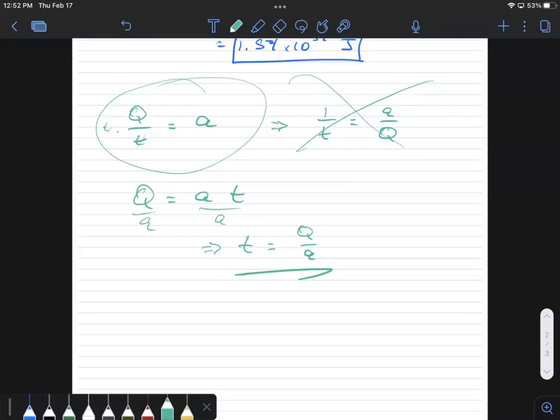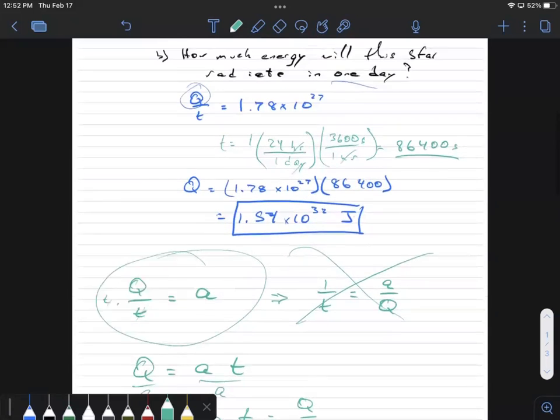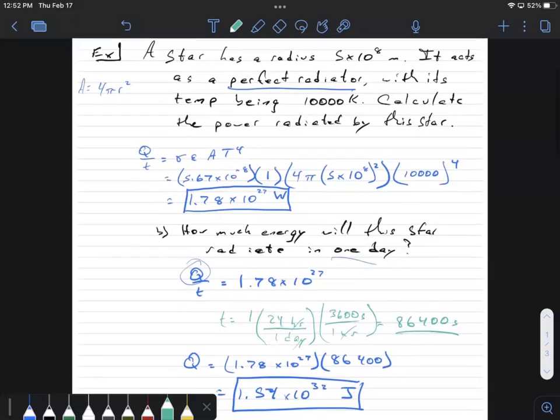The examples I want to cover are when we put this object in an environment with some known temperature. We already have the special case. If the known temperature of the environment is 0, we get what we've just been doing, the normal radiation equation. That's all it is.